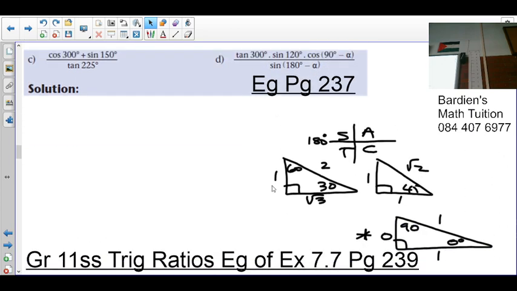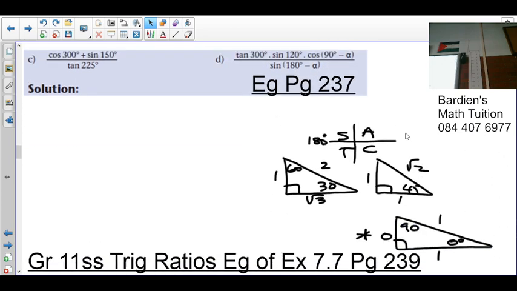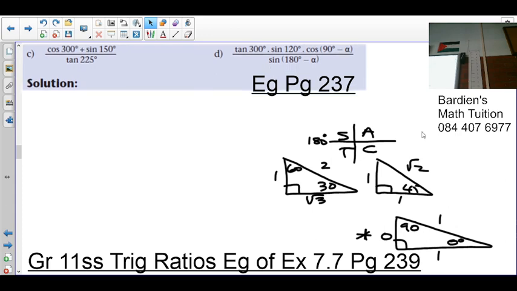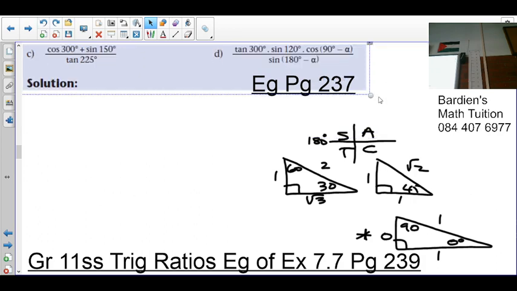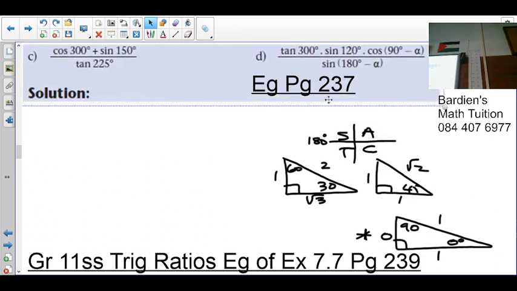Right, now we're looking at C. Here we've got cos 300. Let's make it a bit bigger. So here we've got cos 300 plus sine 150 over tan of 225. So where do we start there? 300 is in which quadrant? Fourth quadrant.